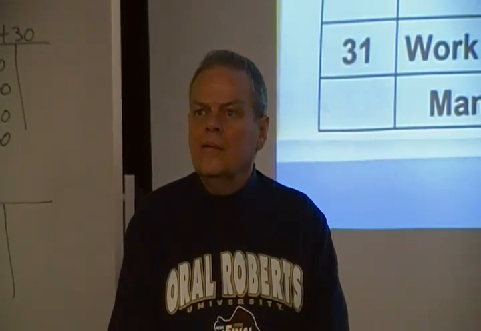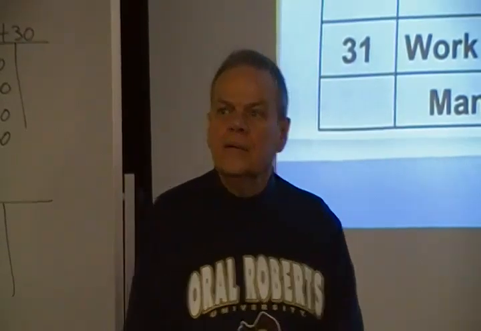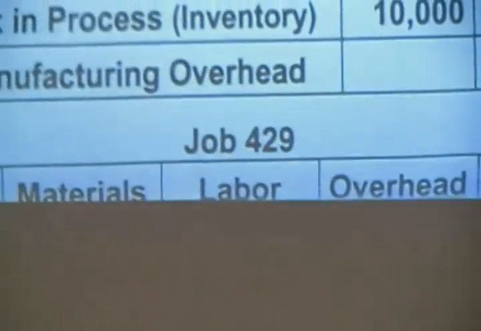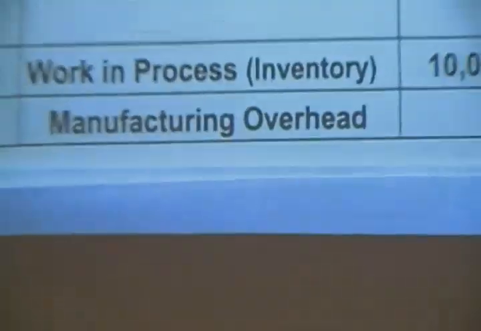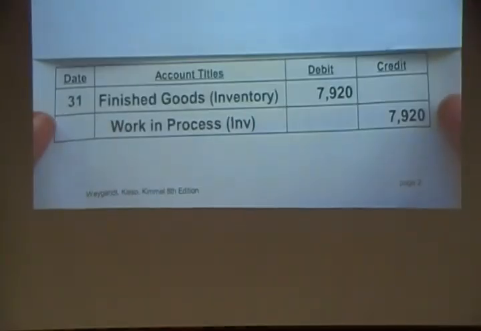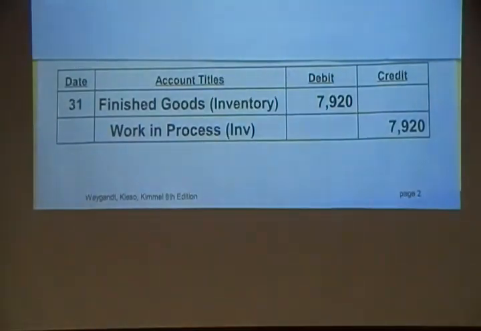Debit finished goods and credit work in process. Is correct. Thank you. How much, Jeff? 7,920. It is the amount of this entry that is the distinguishing feature between these 3 chapters. This entry is debit finished goods, credit work in process for 7,920, Jeff says.